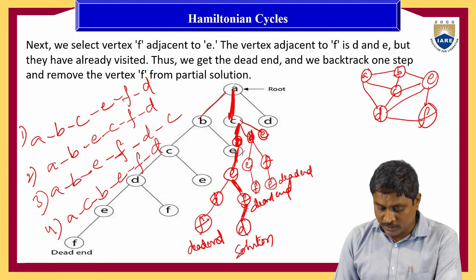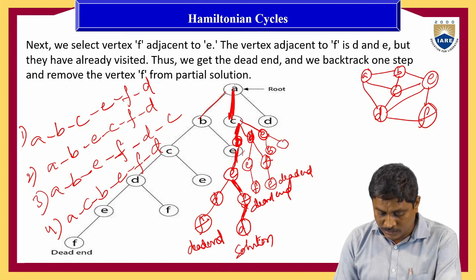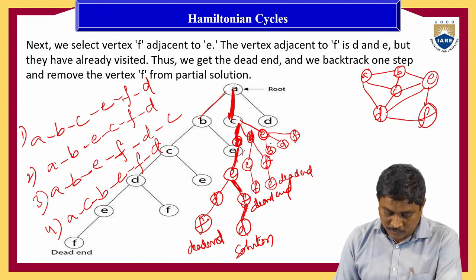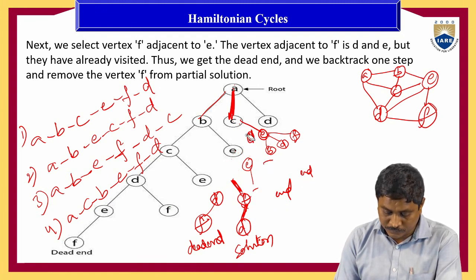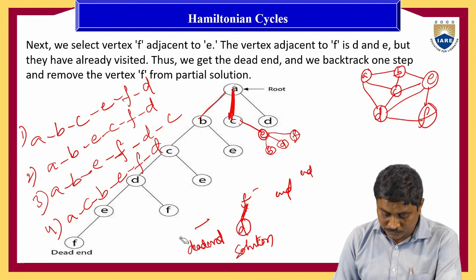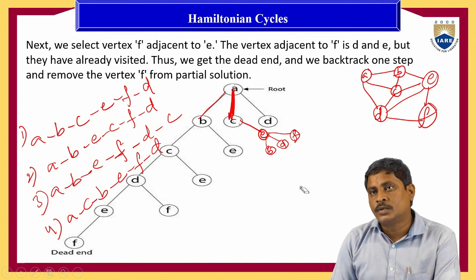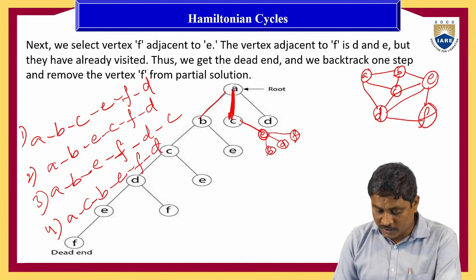A to C, C to E. E is adjacent to B as well as F, B, D and F. Now here we see that B is adjacent to C. C already visited.